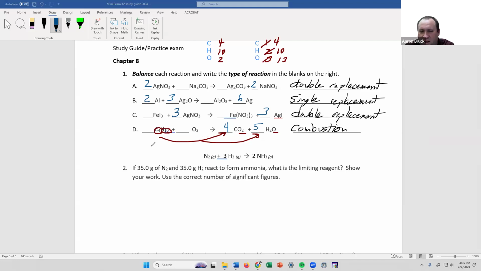This is where things can get a little bit tricky and fuzzy, though, for us. I have 13 on the product side. Oxygen only comes in pairs on the reactant side. What do I do? Well, technically, there are 2 ways to look at this. I could put a fraction in here, 13 over 2. 13 halves times 2 would give me 13. I've balanced the equation technically.